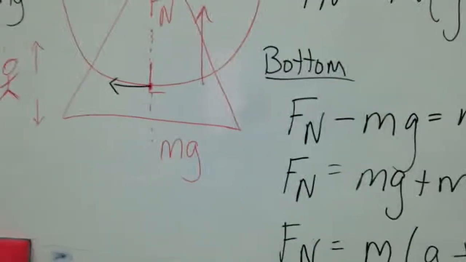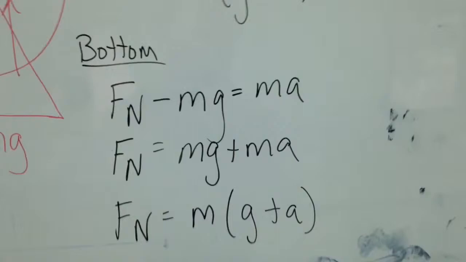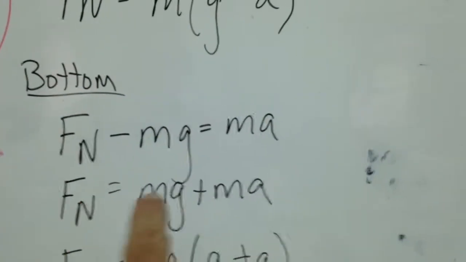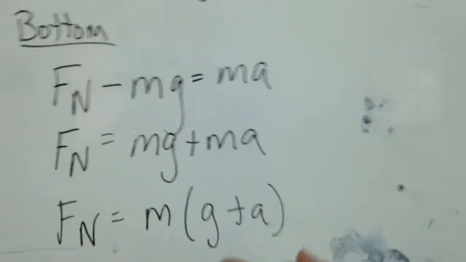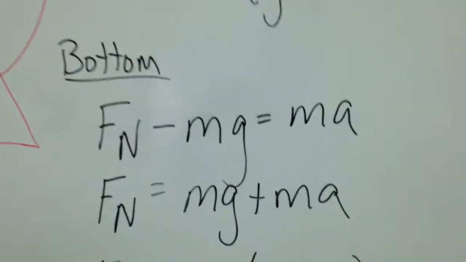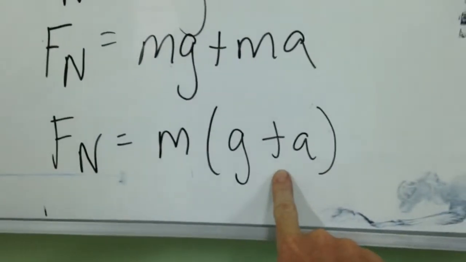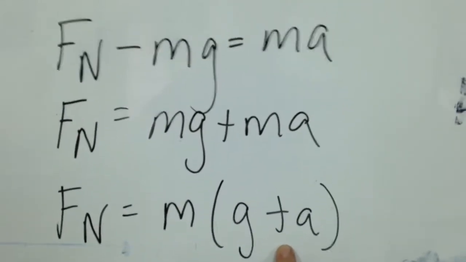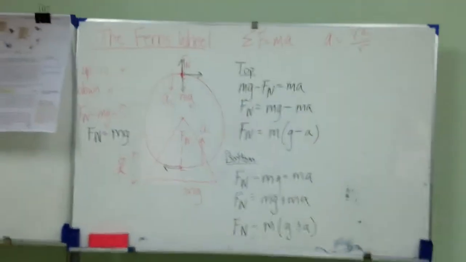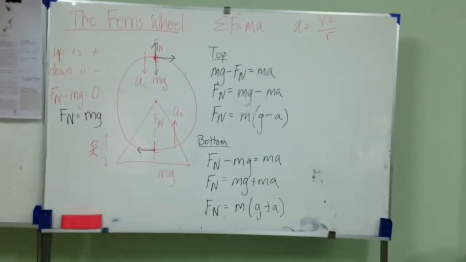And at the bottom of the Ferris wheel, you have Fn, the normal force, minus mg equals ma. And when you algebraically rearrange it, you have a positive sign. And you can derive your net forces at the top and at the bottom using the equations I have shown.